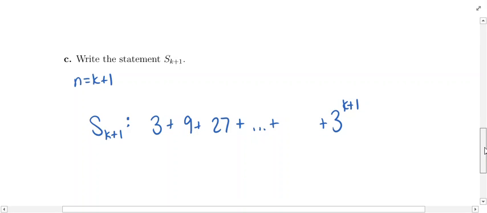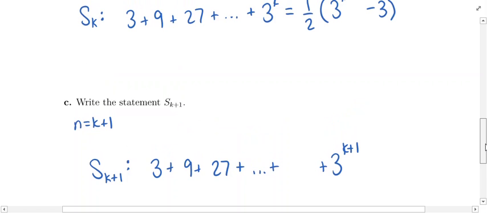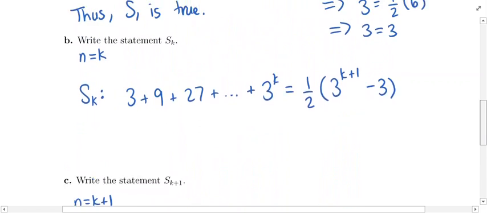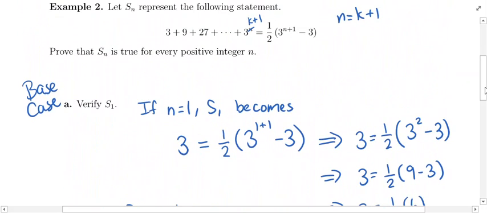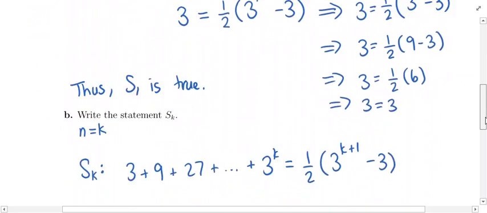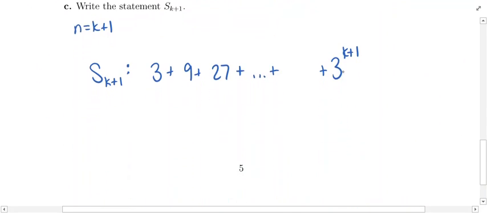I did this in example 1. You should do it every time you're doing induction. It is in your best interest when you're writing the k plus 1 statement to put the k term in it. So what is the term that comes before 3 to the k plus 1? Well, it's 3 to the k. Why? Look at the pattern here.